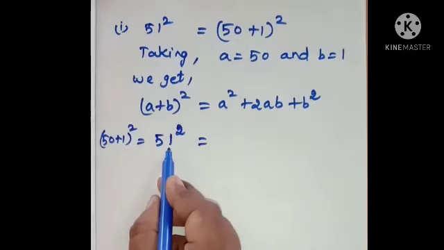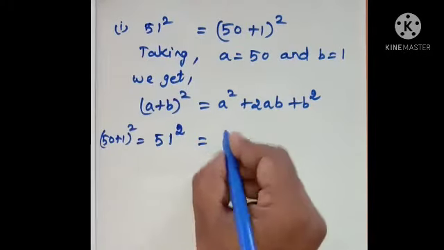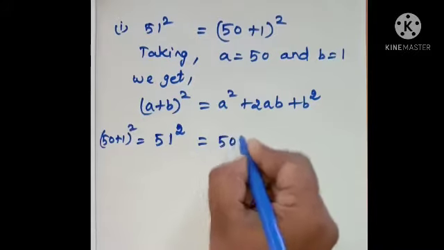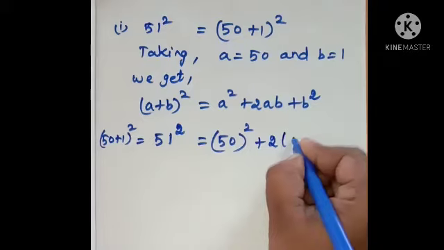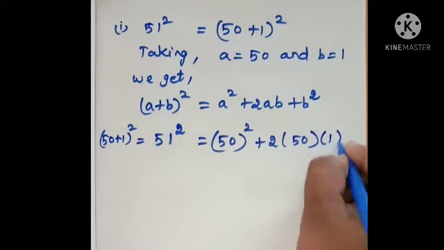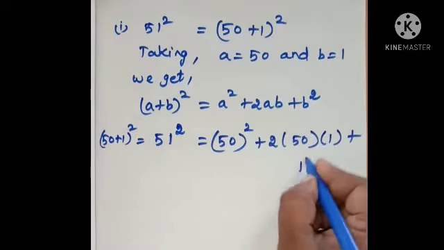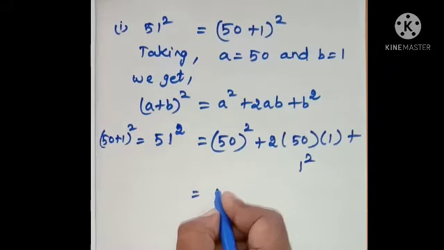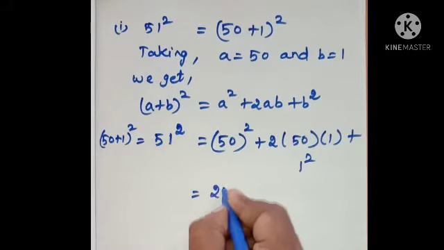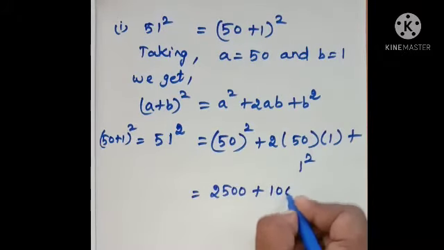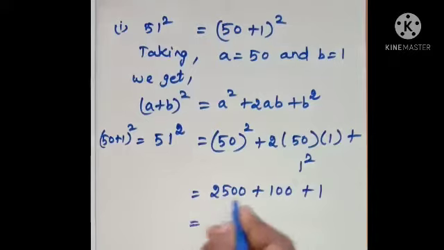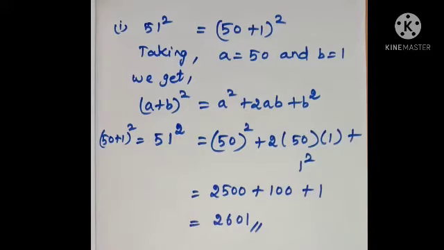In the problem it is given 51². Now in place of a substitute 50² plus 2 into 50 into 1 plus 1². 50 into 50 is 2500, plus 2 into 50 is 100, plus 1. So adding these values we get 2601.